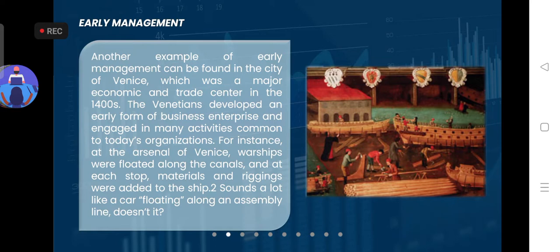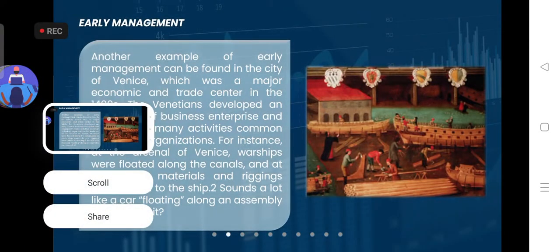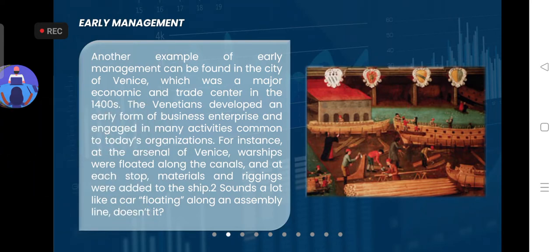So another example of early management can be found in the city of Venice, which was a major economic and trade center in the 1400s. So the arsenal of Venice, so kana silang mga ship were floated along the canals and every stop mohunong sila kay kanang ngay mga materials nga ilang ipuno.